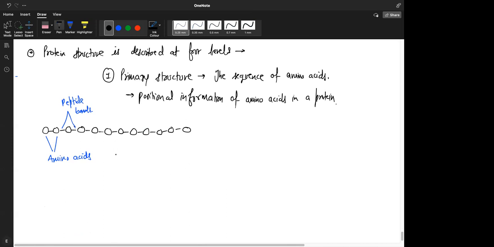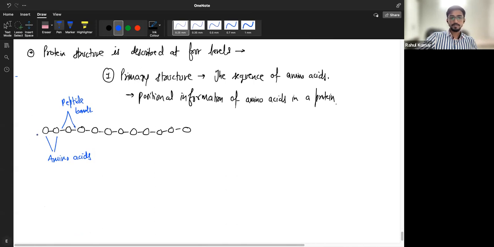Yes. Okay. And the first amino acid, which is this one, starts from the first and goes towards this. The first amino acid is known as the N-terminal amino acid. Okay, nitrogen terminal. Can you tell me why?